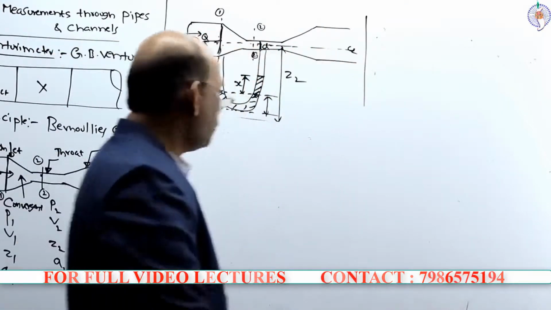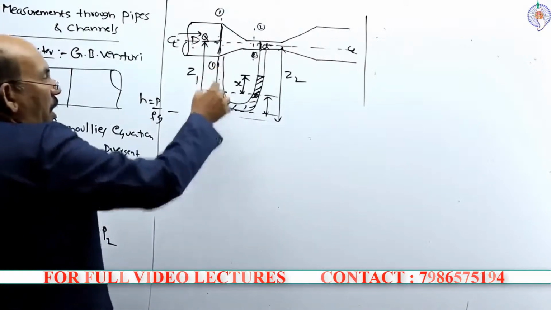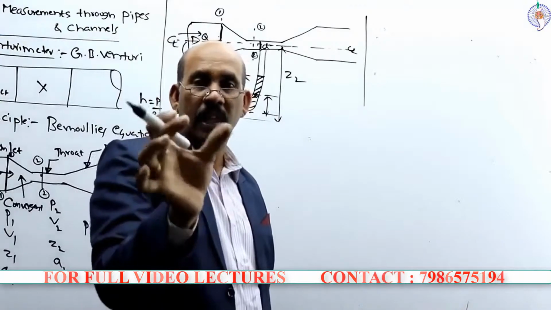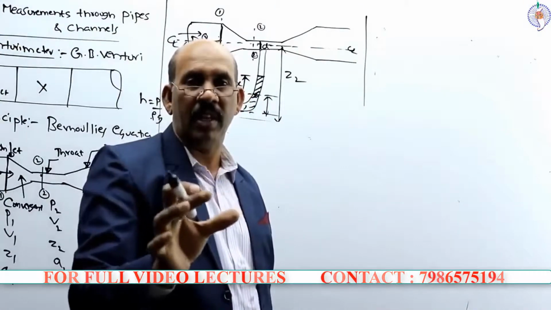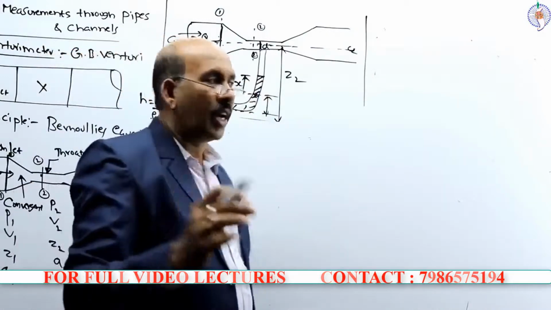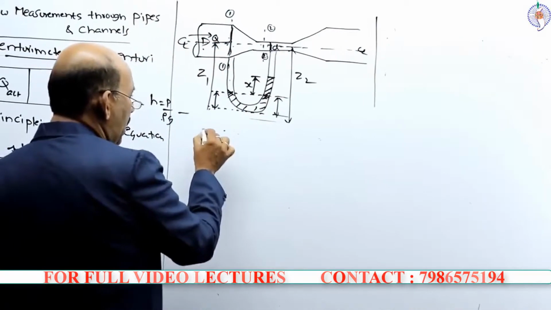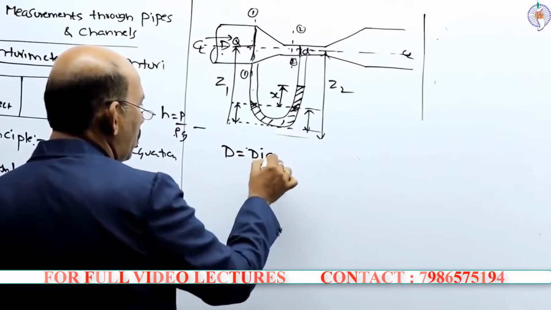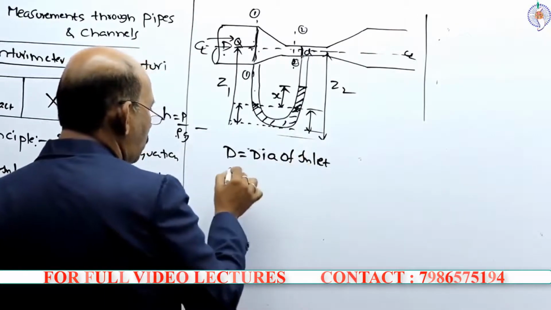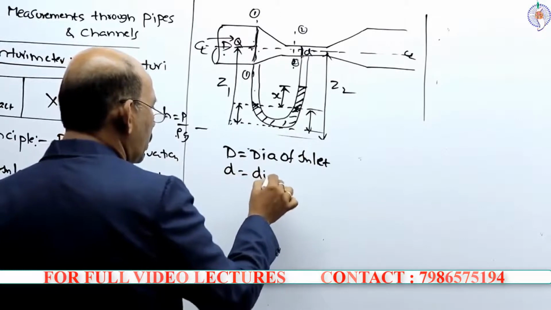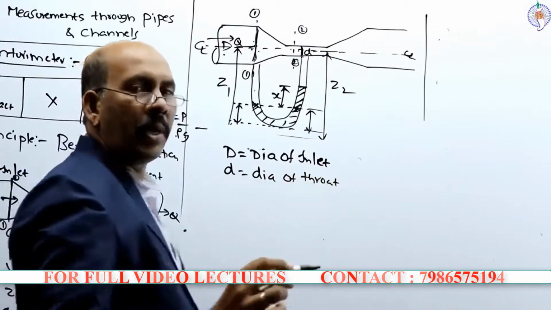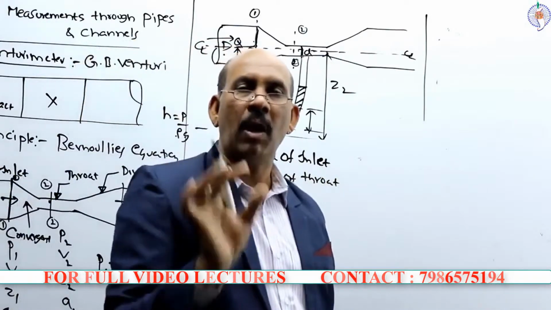The basic principle on which this venturimeter works is the creation of the pressure difference, that means the value of this X. D is the diameter of the inlet, and small d is equal to the diameter of the throat.